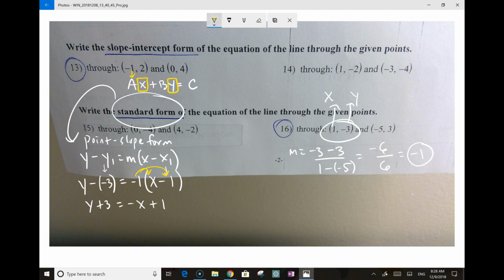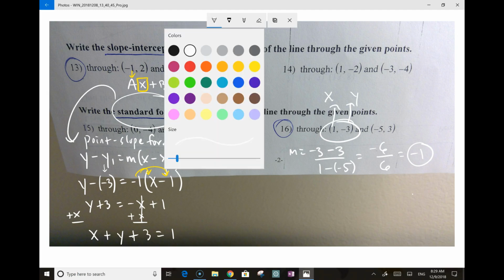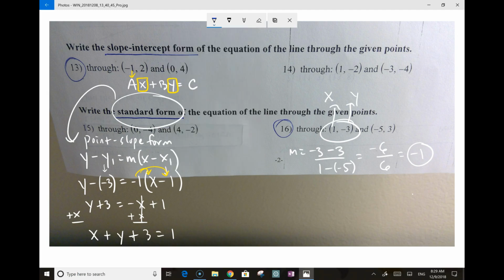So going back to my point-slope form down here, if I were to add x on both sides, because again, I want to join the x and y's together, what I would get is x plus y plus 3 is equal to 1. But this 3 now has to join the 1 on the right side. So I'm going to have to subtract the 3 on both sides.